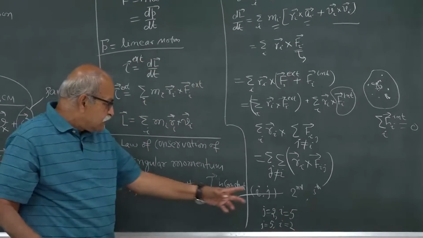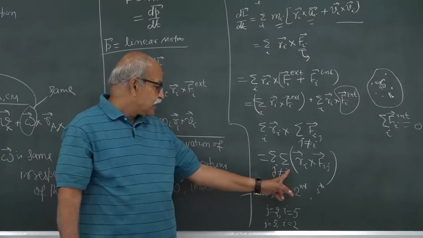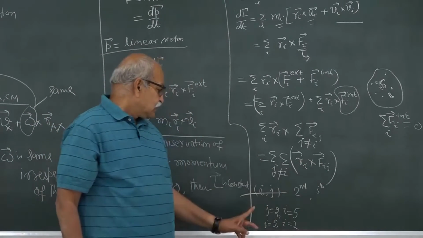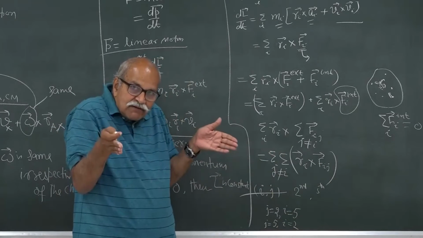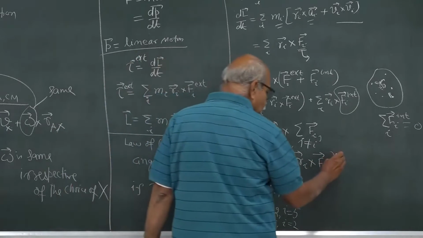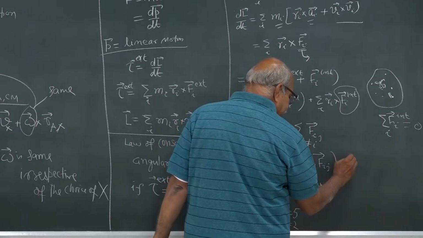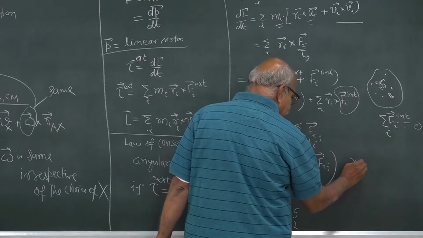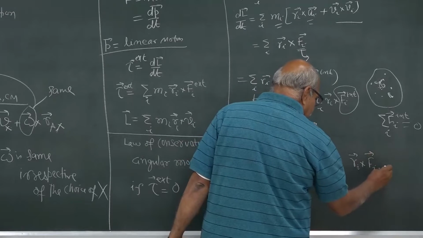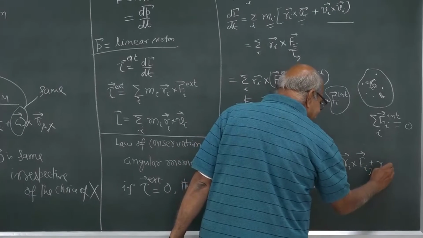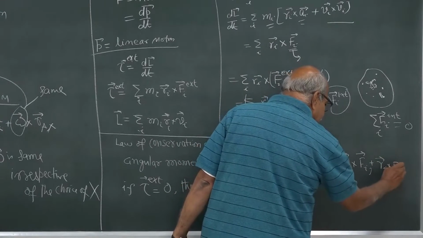These two terms I am clubbing together. What will happen? This will be Ri cross Fij plus Rj cross Fji.